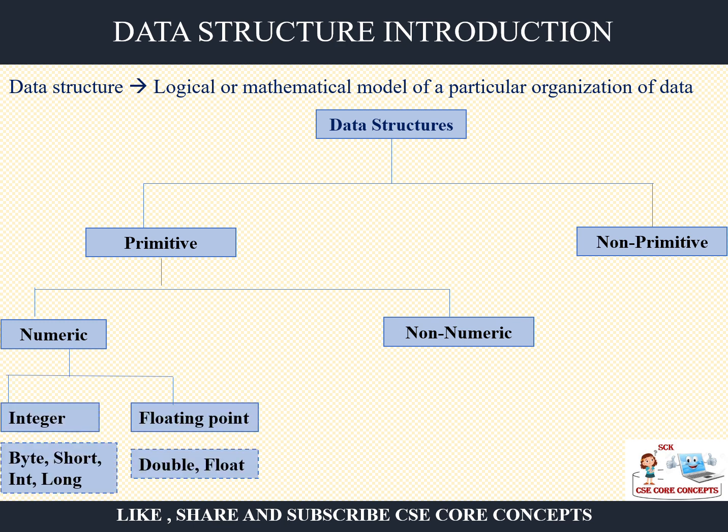That means we can store numeric data in the form of integer or floating point. If it is an integer, depending on the size of the data, I can declare it as byte, short, int, long, etc. Or if it is a floating point, if I want to store the percentage of sales or the temperature, then I can use floating point representation, which can be declared in the form of double or float depending on the size of the precision.